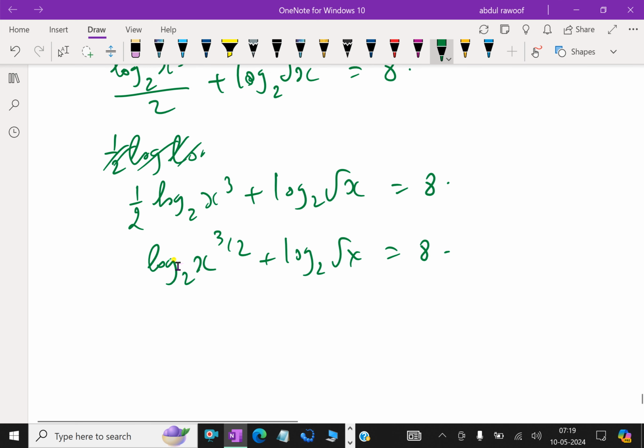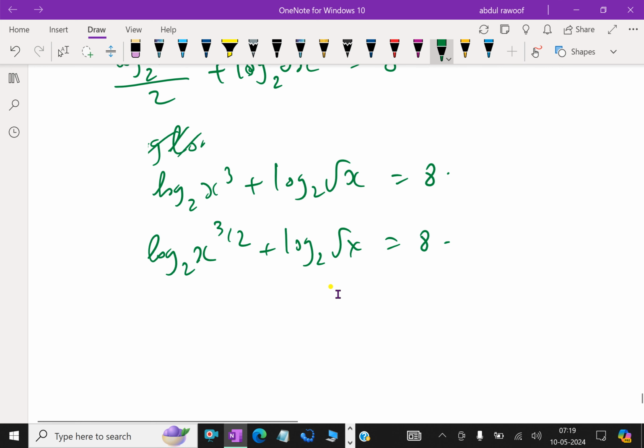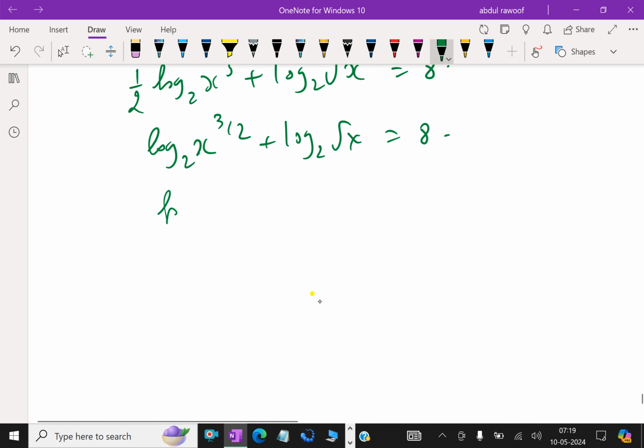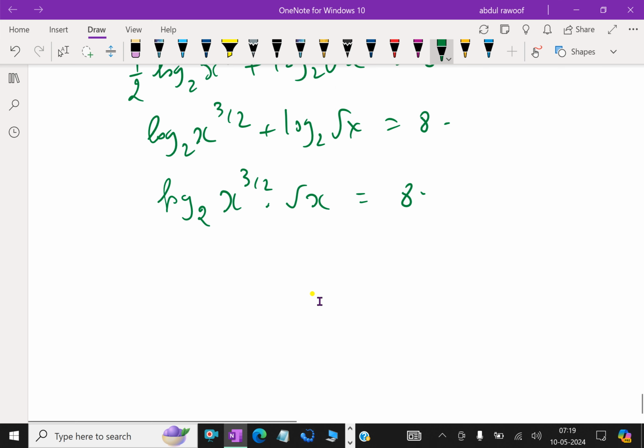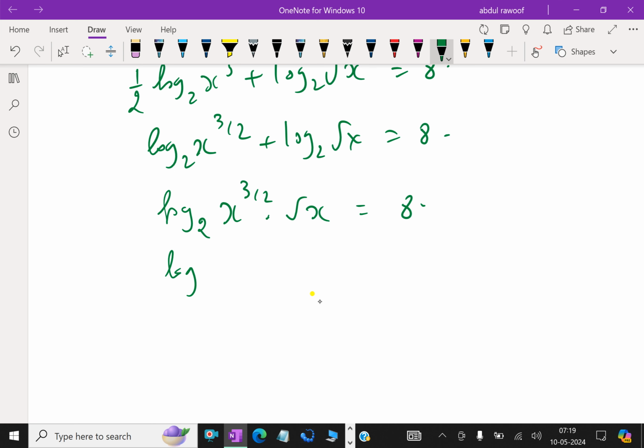Look at here, both are the same bases, so log base 2 of x^(3/2) into root x equals 8, which is equal to log base 2 of x^(3/2) into x^(1/2) equals x squared equals 8.